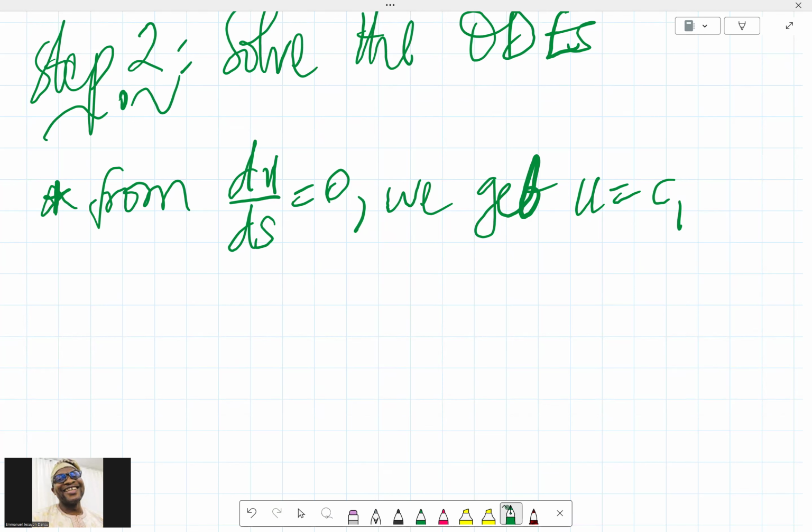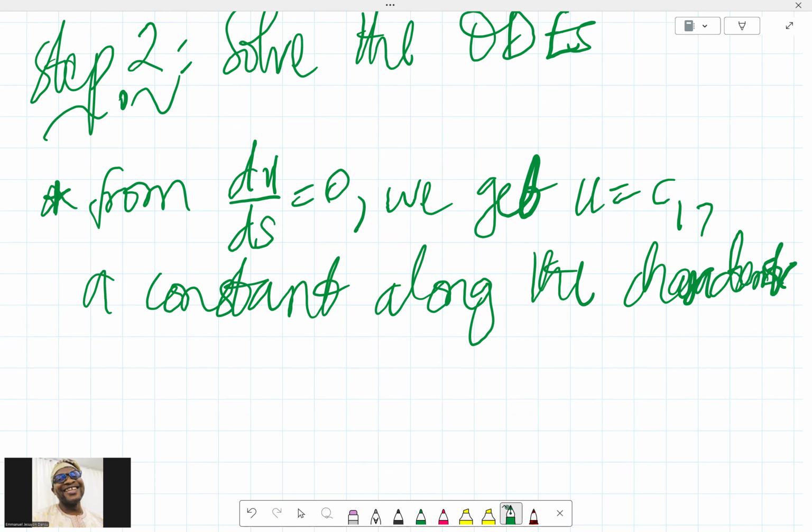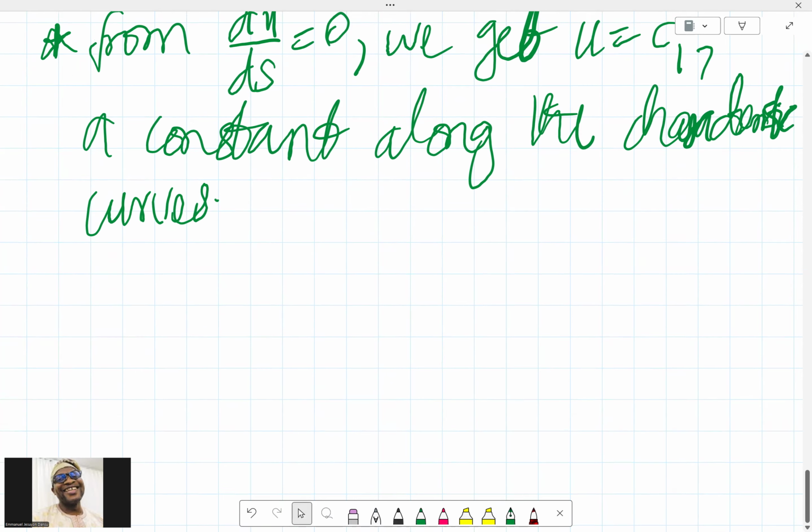So u equals c1 is a constant along the characteristic curves.